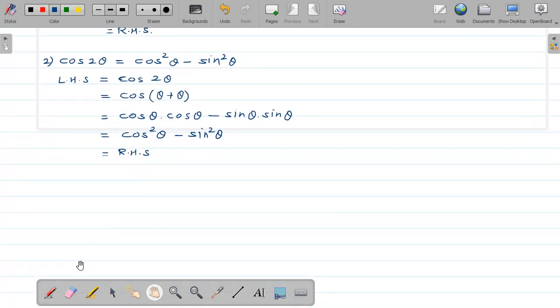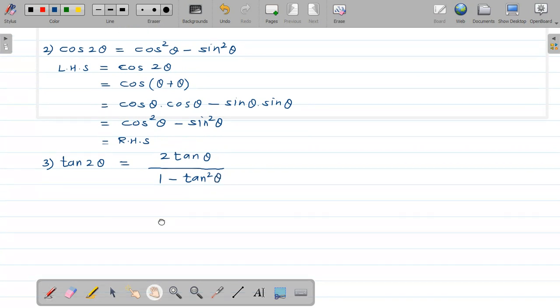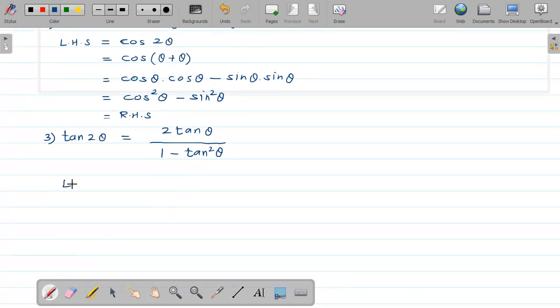Now let us see the third formula for tan ratio. Now tan 2 theta is equal to 2 tan theta upon 1 minus tan square theta. This is the double angle formula for tan ratio. Now see how you will prove this. For that I will take the LHS. So LHS is equal to tan 2 theta. Again I will express this LHS as tan of theta plus theta, and apply the tan A plus B formula.